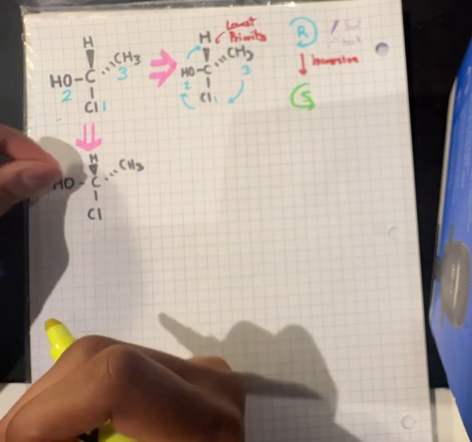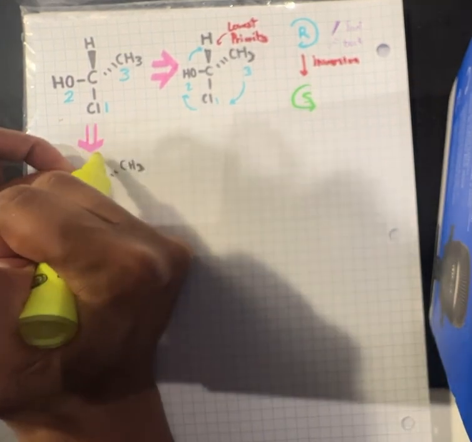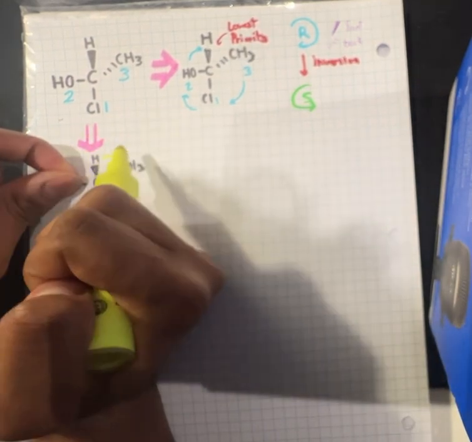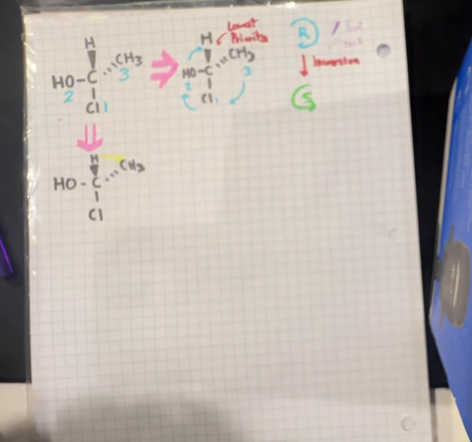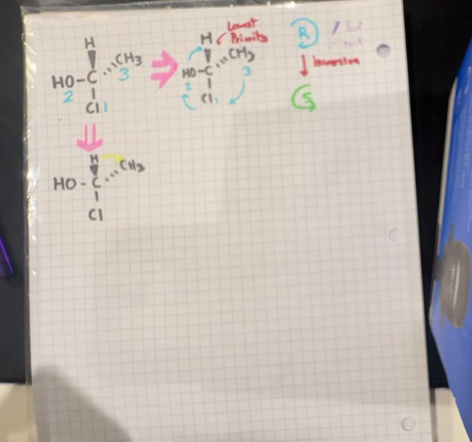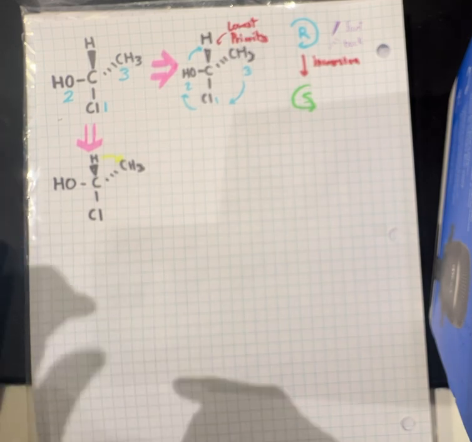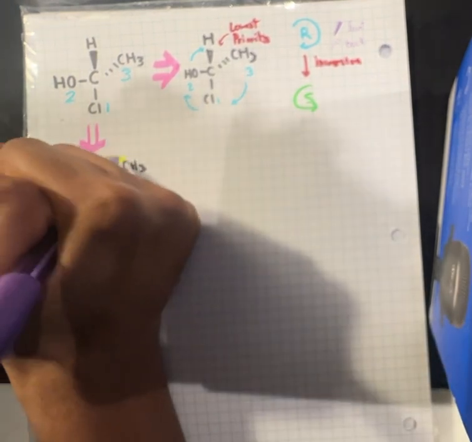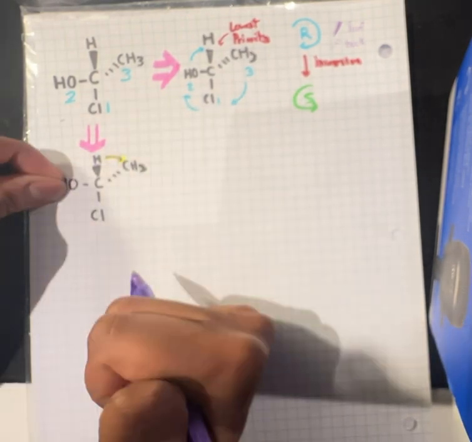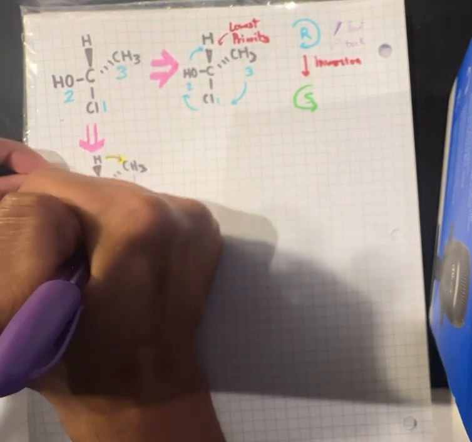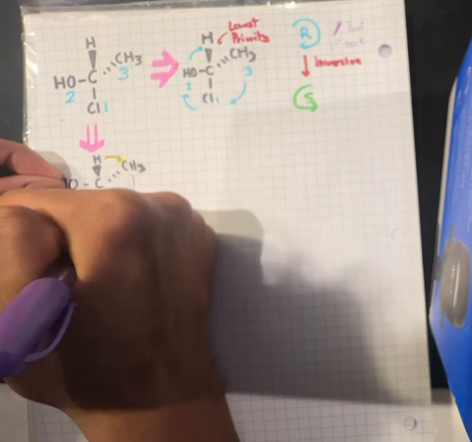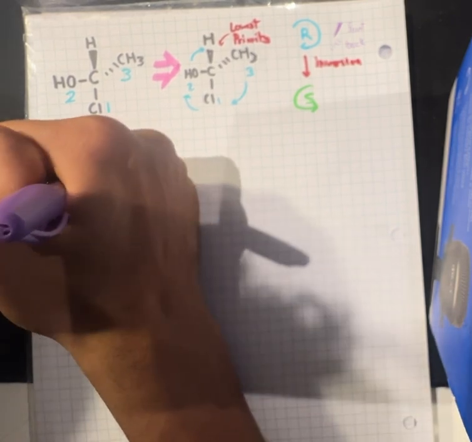So if I hold it, the hydrogen would go to where the methyl is. The methyl would take where the chlorine is, and the chlorine would go to where the hydrogen was.